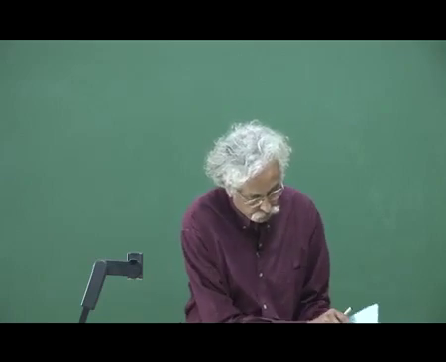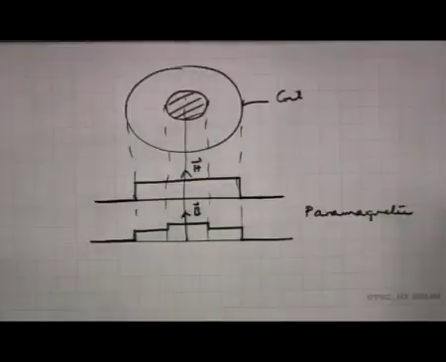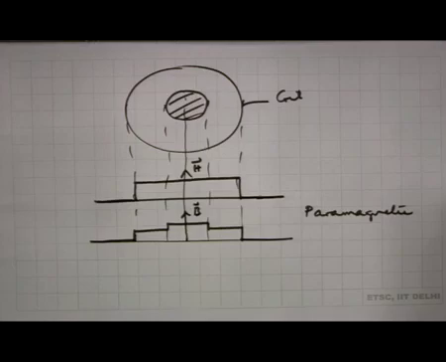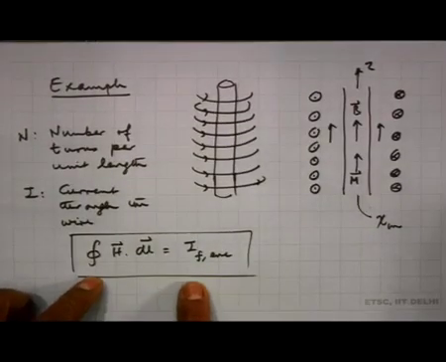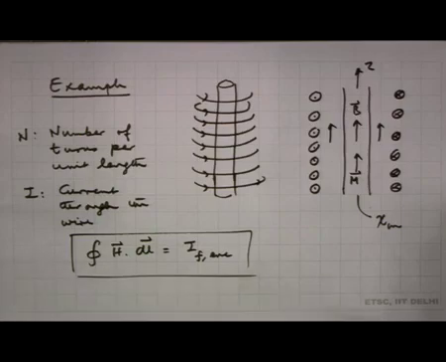This form of Ampere's law which we have been able to write down is a very useful form, and this form can help us to solve a large number of problems.